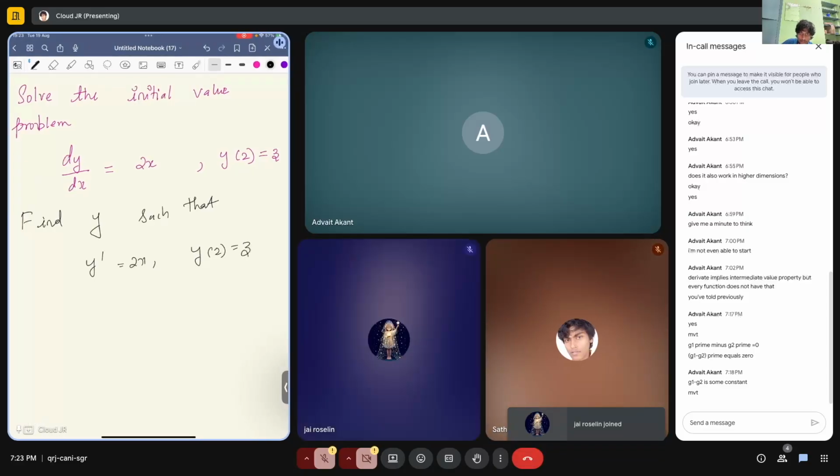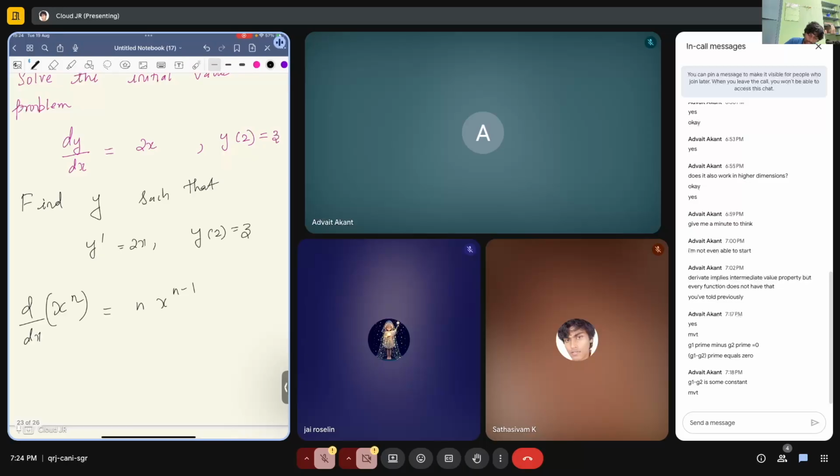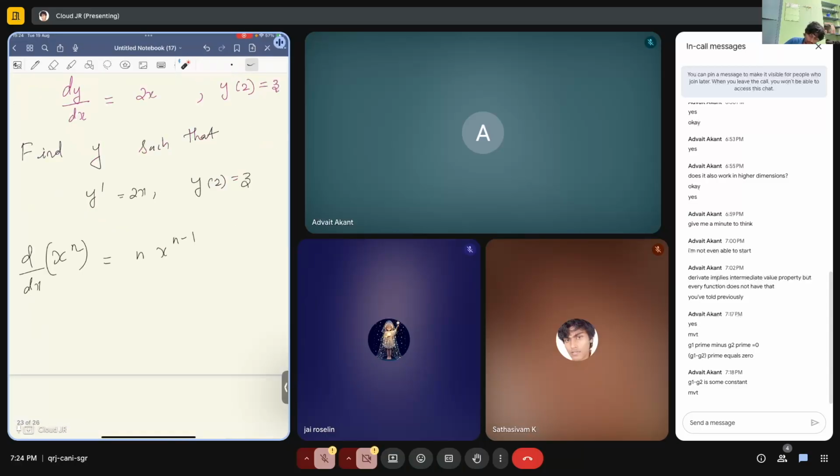What we know is if you take the derivative of x power n, you will get n times x power n minus 1. So here you want a function y such that the derivative is 2x.